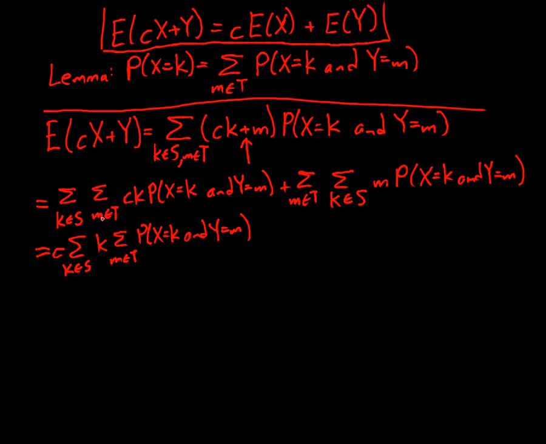If the k had been summed over first, I couldn't pull this k out. But since we sum over the m first, I can pull the k out. And similarly over here, my m can be pulled through the innermost sum. So I have the sum over all m of m times the sum over all k of the probability that X is k and Y is m.